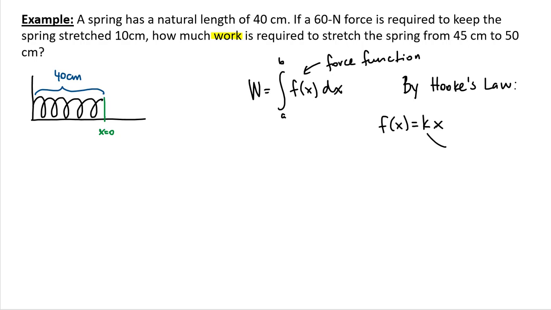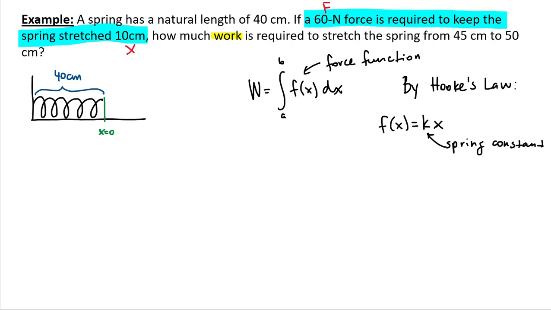But now k is the spring constant. Where do we get it? If I start reading the second sentence, it says that a 60 Newton force is required to keep the spring stretched 10 centimeters. Notice that we're given force, and we're also given 10 centimeters. That's the displacement, so that's x.